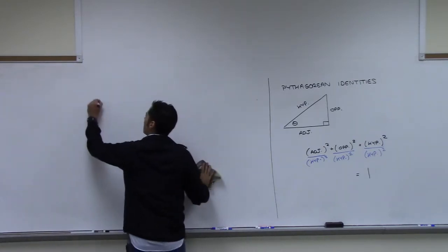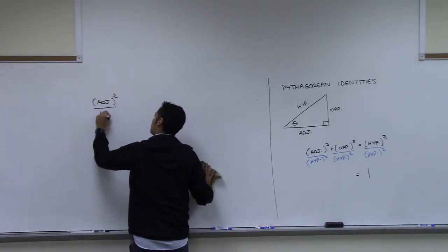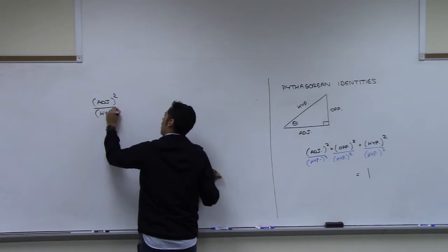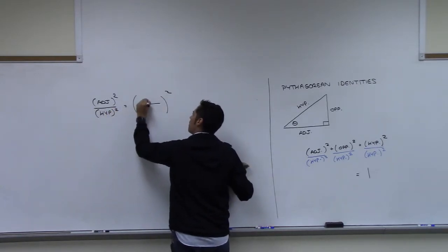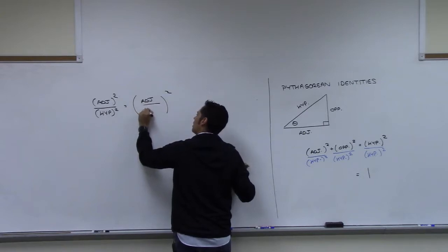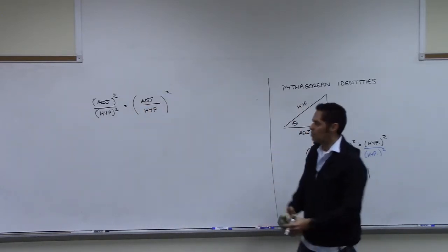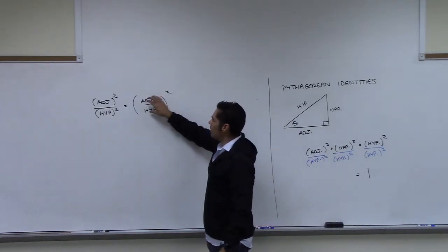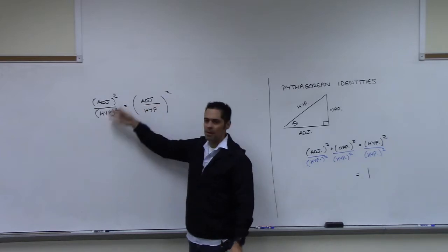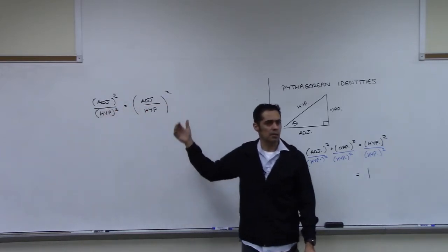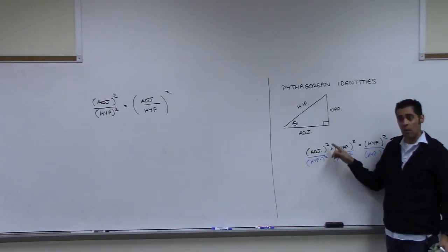When you have adjacent squared over hypotenuse squared, since they're both being squared, can't I rewrite it like that instead? Yes? It's like when you square a fraction, you can square each of them, right? So we're used to going from here to here, but I can go backwards. So this is the same as adjacent over hypotenuse squared.